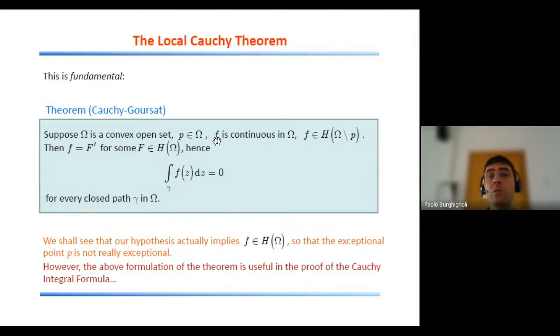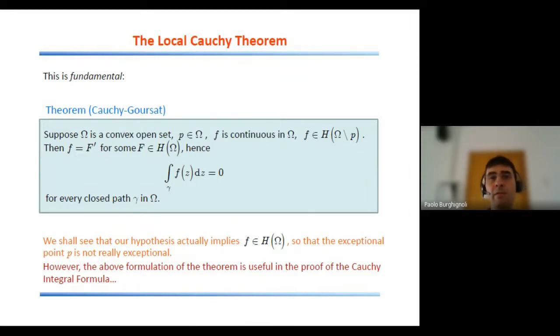However, the continuity of the first derivative is actually not needed in the proof, and Goursat discovered that with an entirely different proof, which does not make use of Green formulas, and that is why we just need to assume analyticity, and actually analyticity with the possible exception of a point, as in the formulation I showed you.